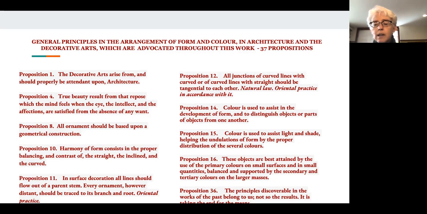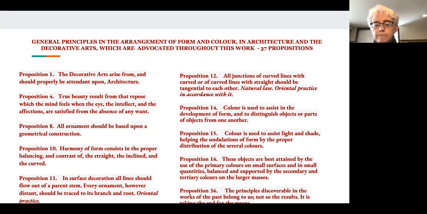Proposition 14, color is used to assist in the development of form and to distinguish objects or parts of objects from one another. 15 also has to do with color. Color is used to assist light and shade, helping the undulations of form by the proper distribution of the several colors. And we saw that in the interior that he designed for the Great Exhibition, and we'll definitely see it in the smoking room at the mansion.